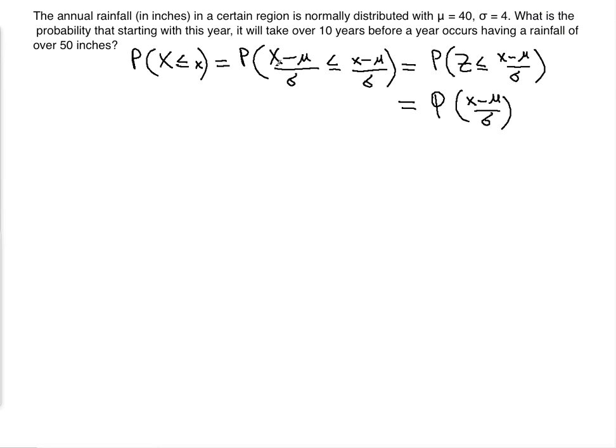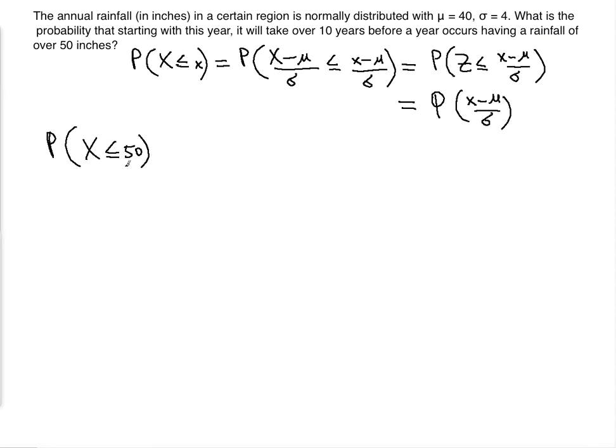So now, what do we need to do? First, before even talking about 10 years, we need to find the probability that there will be no rainfall of over 50 inches in a given year. That means we have to find the probability of the random variable being less than or equal to 50, because we're talking about having rainfall of 50 inches and below in a given year.